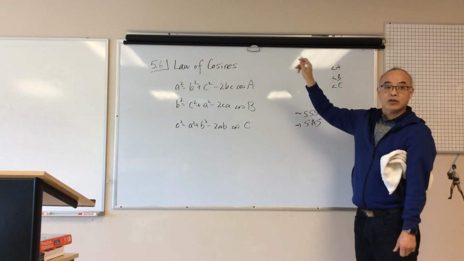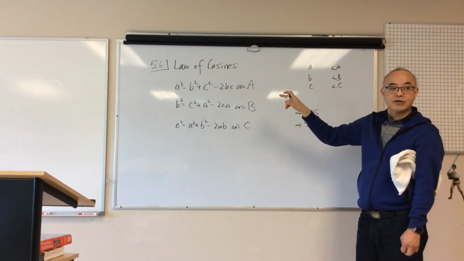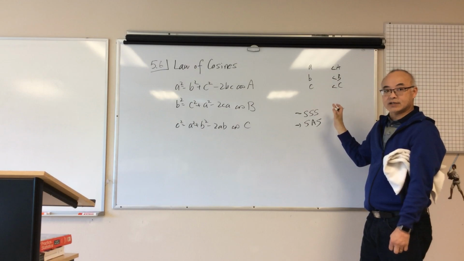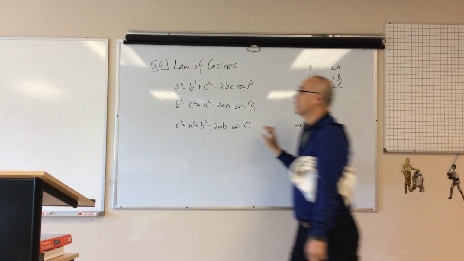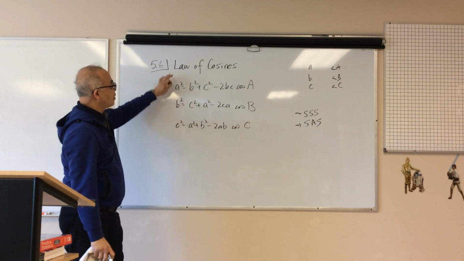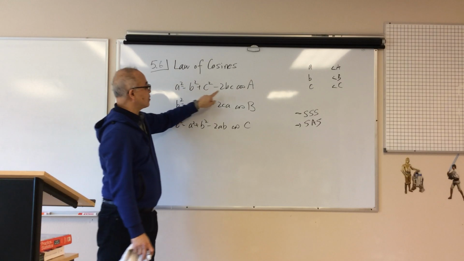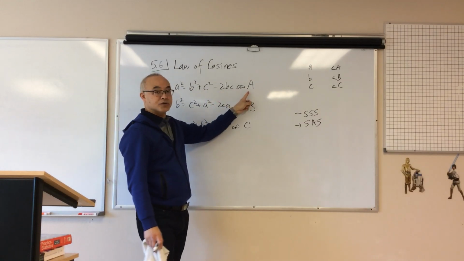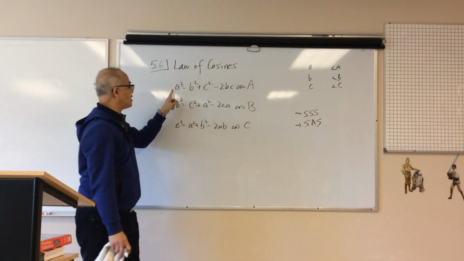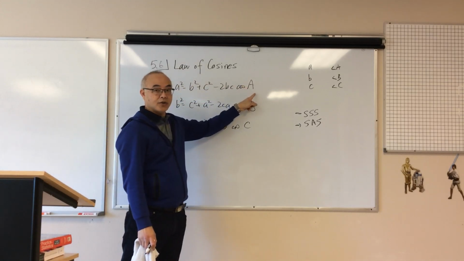Remember when we did the sines, I know all the numerators and I know none of the denominators. Again, you cannot use the law of sines. But with this, what happens? So, the law of cosines, I have a squared is equal to b squared plus c squared minus 2bc cosine a. Notice that the a and the angle a are the same.